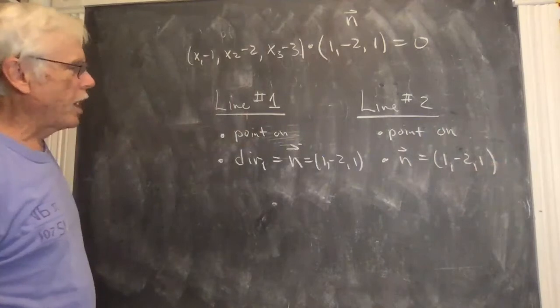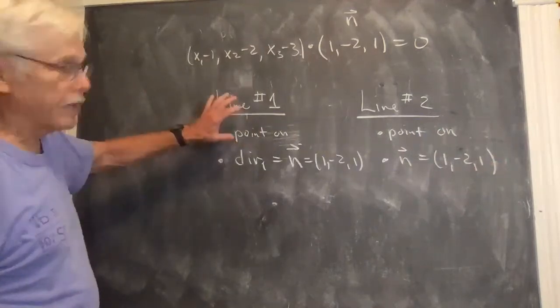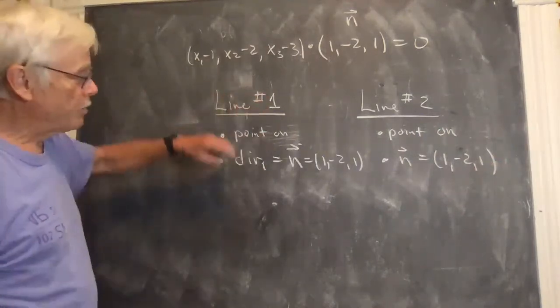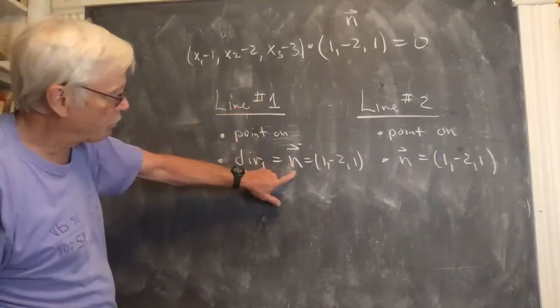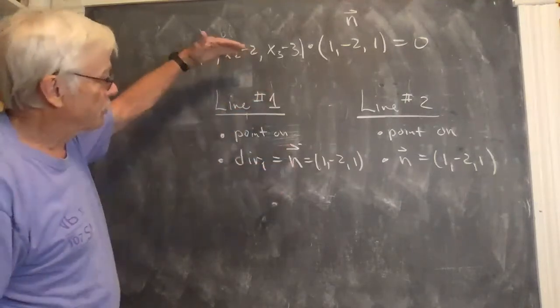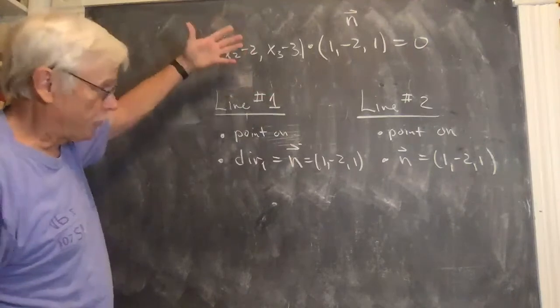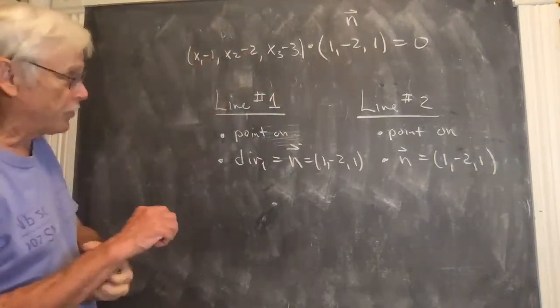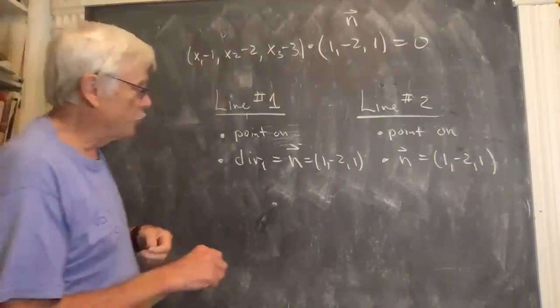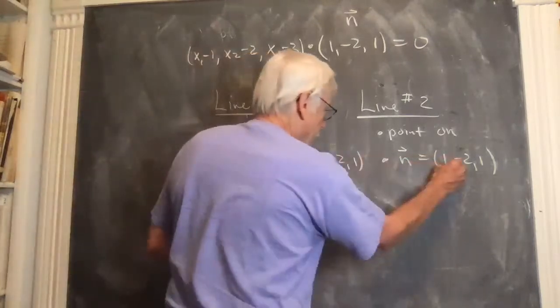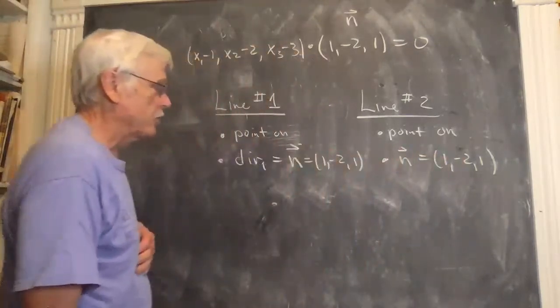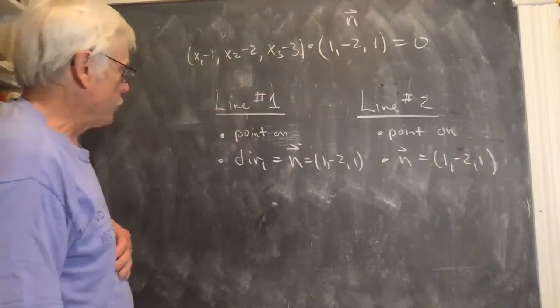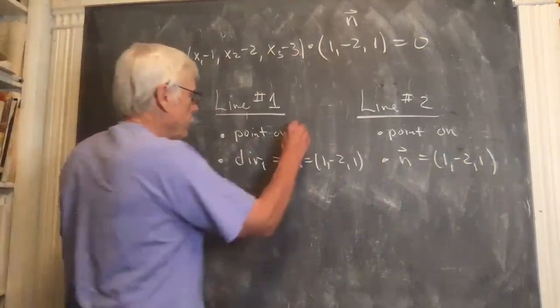And the point on does not have to be on Eleanor, because as long as a line is perpendicular to this plane, it will intersect that plane. So these will be lines that are perpendicular to Eleanor just by the mere fact that they have this as their direction. But we do need some points on.